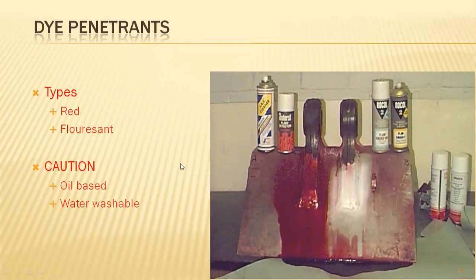So what are the different types that exist? There is oil based and water washable. Oil based will have a smooth visualness, and the dust will not get stuck at that particular place. Water washable can also be changeable or not changeable.